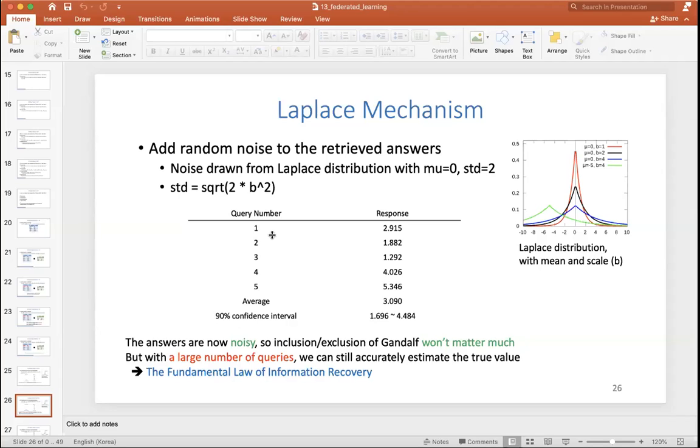In that case, the sensitivity is 5. But here we're not doing any rounding up. We're just giving the count as it is. So the sensitivity is 1.